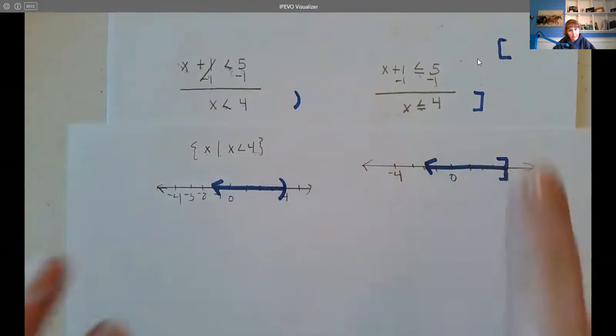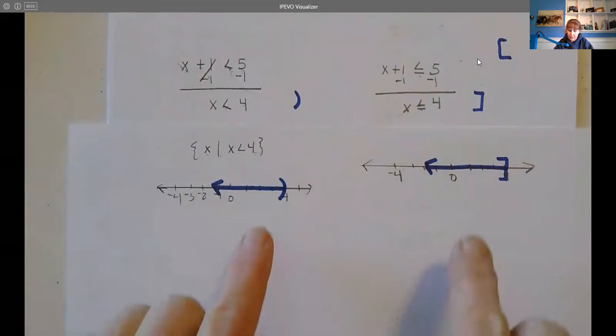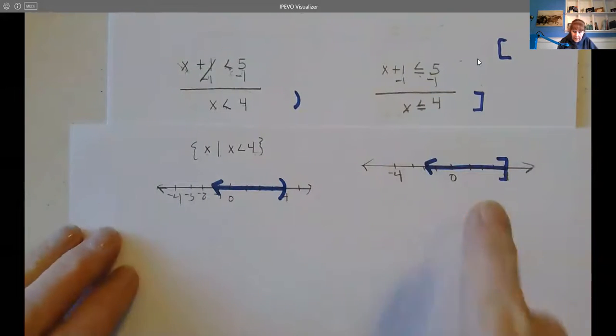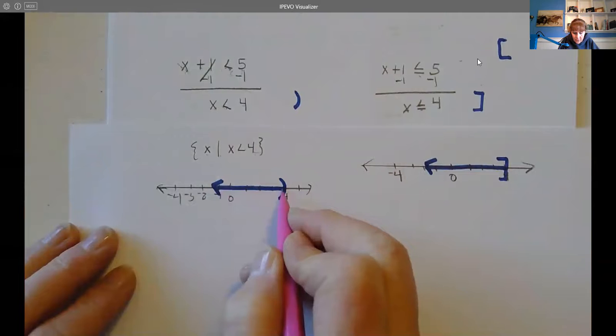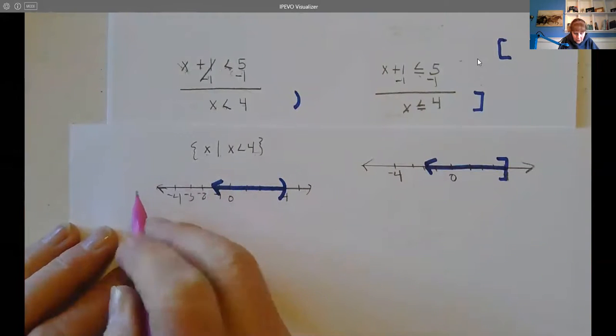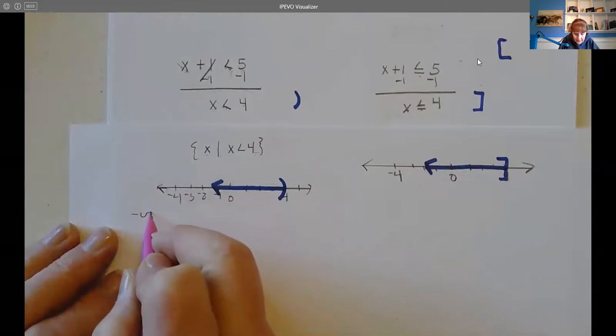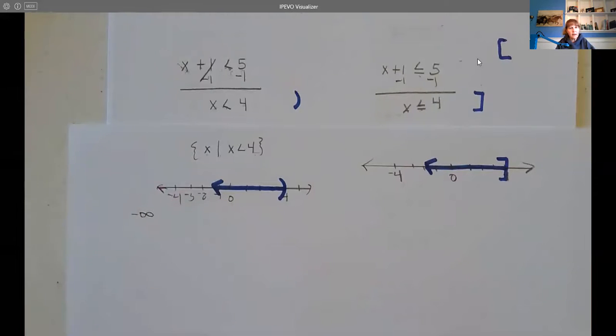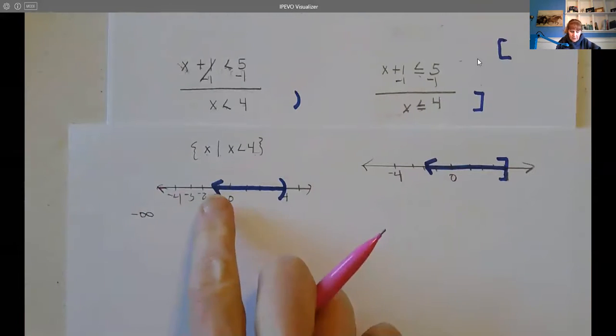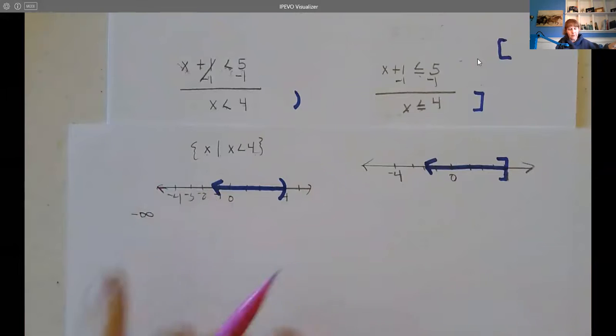The best way for you to do interval notation is to look at the graph. Now, this graph is going to the left forever. And if it's going to the left forever, out here, this is a negative infinity, all right? And negative infinity just means the smallest negative number you could ever think of.